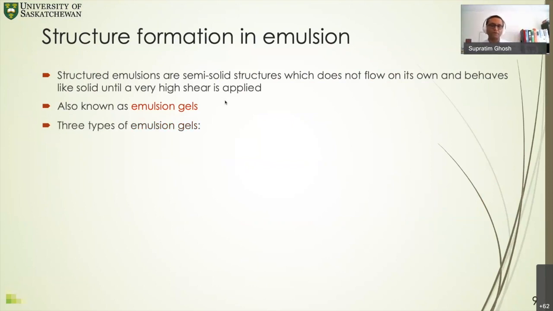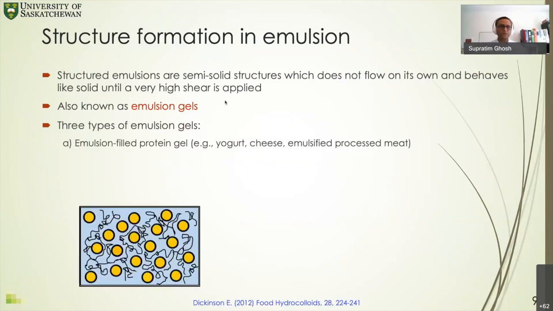Structurally, there are three types of emulsion gel. The first one is the emulsion-filled protein gel, where the protein in the continuous phase is forming a network. Maybe I will turn on the highlighter.